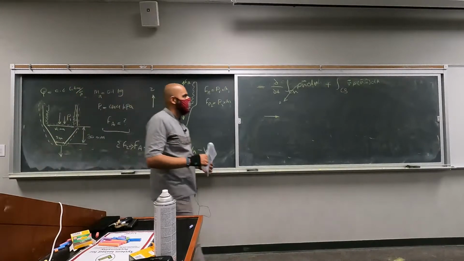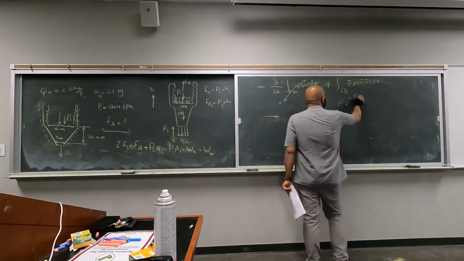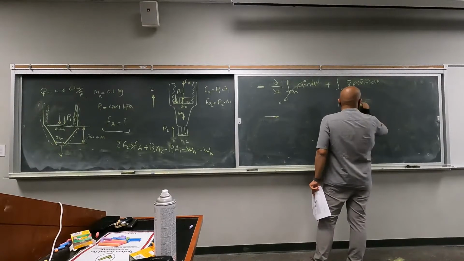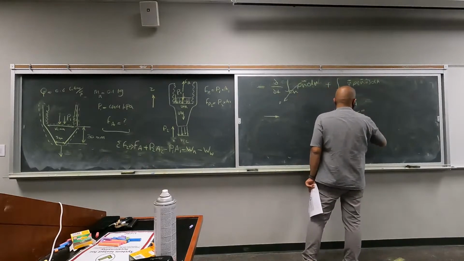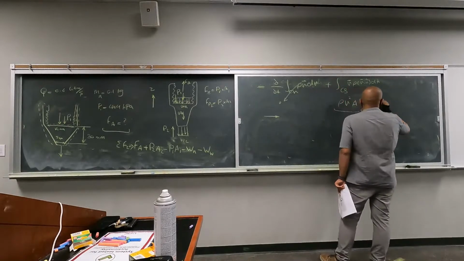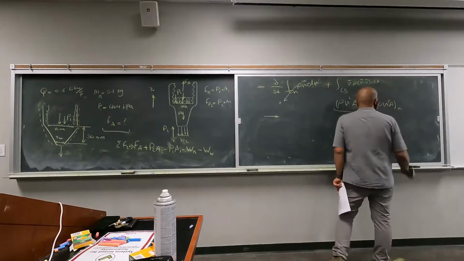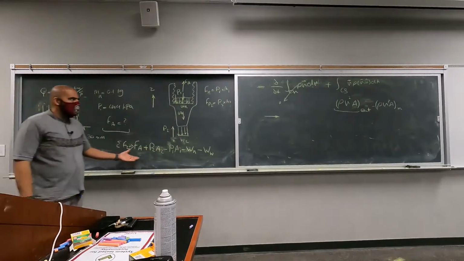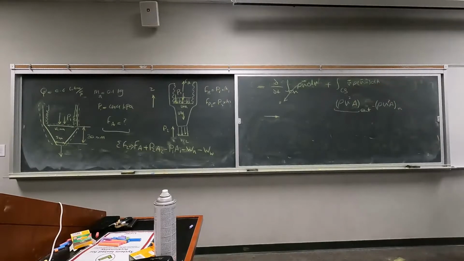So this integral will become rho v squared times the integral of dA, or rho v squared A on two surfaces: rho v squared A out minus rho v squared A in. So sigma F here is equal to rho v squared A out minus rho v squared A in. Is this clear?